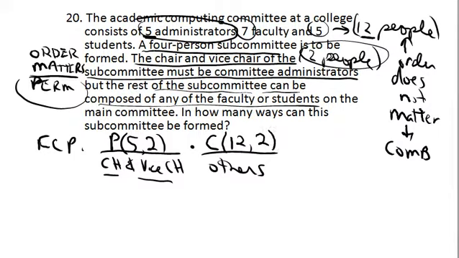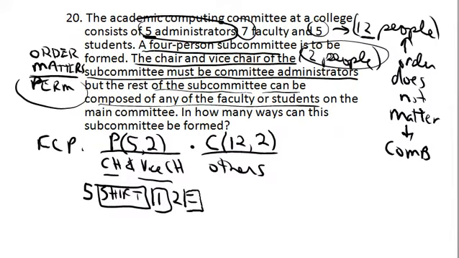And now that you've talked out the setup, now it's just a matter of doing the calculation. Remember, permutation is shift 1, so it will be 5 shift 1, and then put the 2 in and do equal, and then we're going to multiply, so times, and then you do combination.